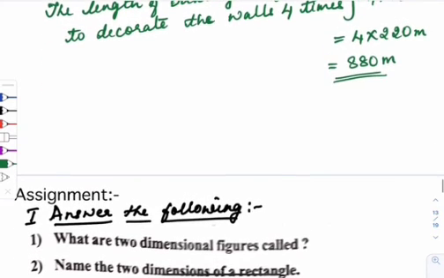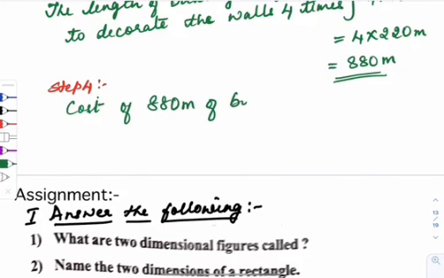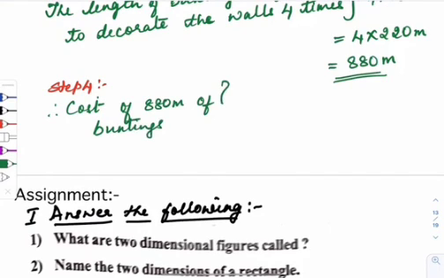Now for step 4, the cost of 1 meter of buntings is given, that is rupees 15. So we are supposed to find the cost of 880 meters of buntings. So therefore, the cost of 880 meters of buntings is equal to 880 into 15.